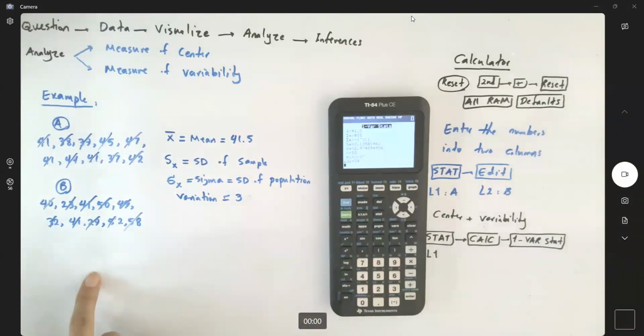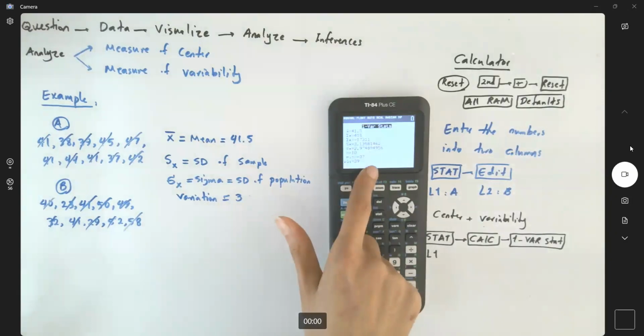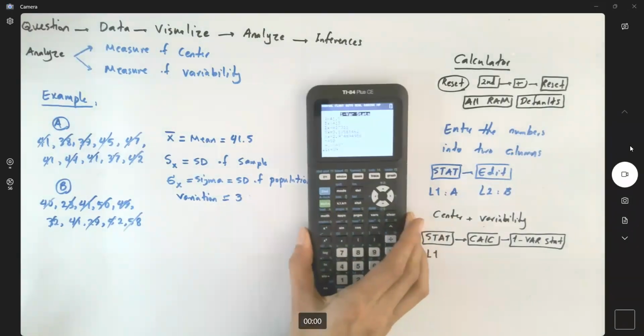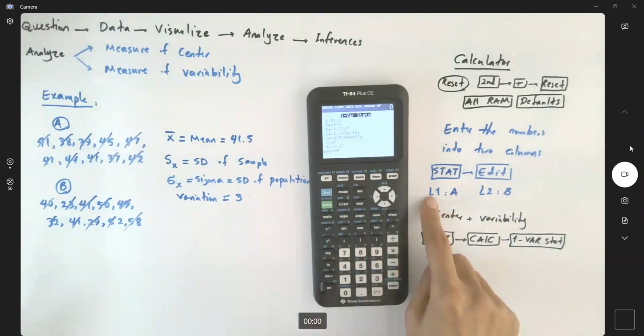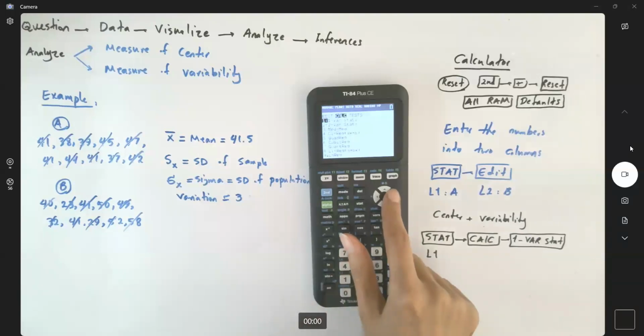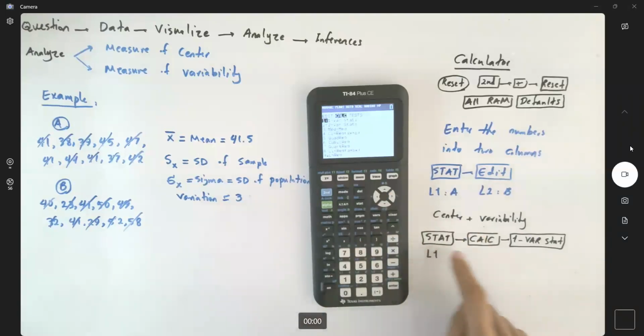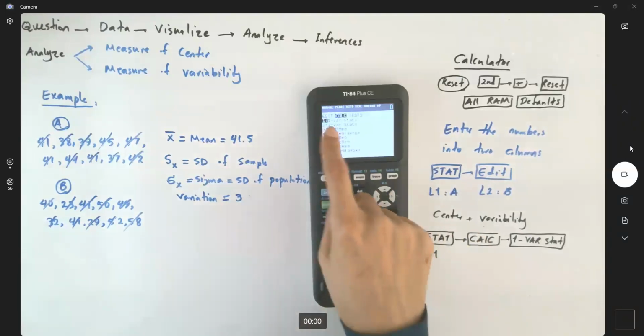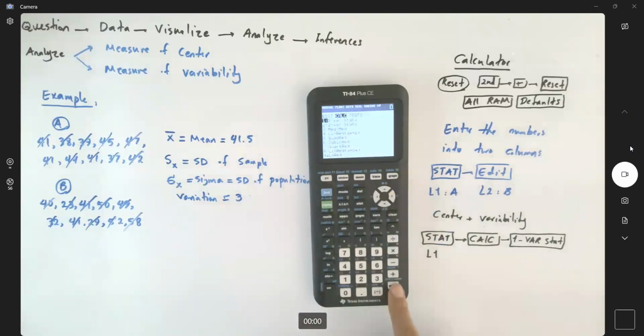What about the second corporation? For the second corporation, we already entered the data into the calculator. We just need to change the column, all right? Okay. So go to Stat, go to Calc, one variable statistics.